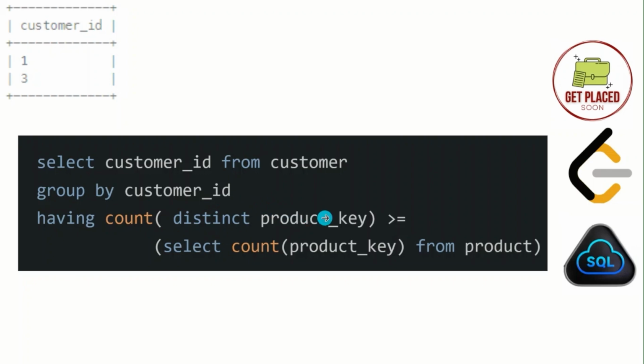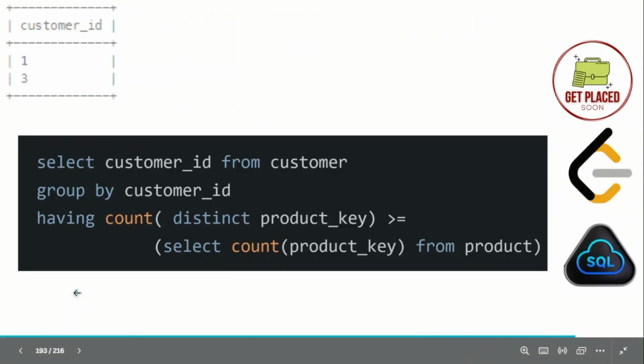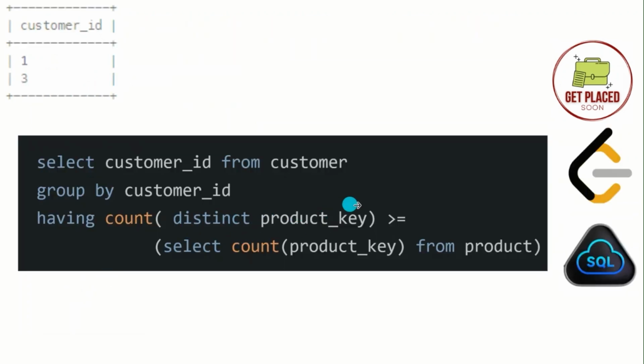If it is greater than or equal to the number of all the products, then he has bought all the products. So those customer IDs will be returned who have bought all the products mentioned in the product table. Please don't get confused. In this subquery, we are just counting how many products are present in the product table. For example, we have two product IDs, 5 and 6, so this should return the value 2, so that the customer enters into the result.